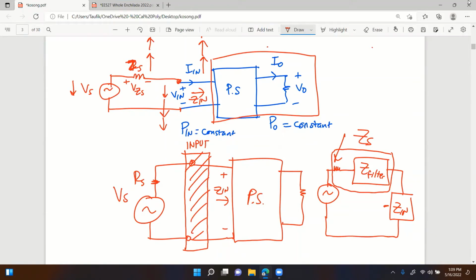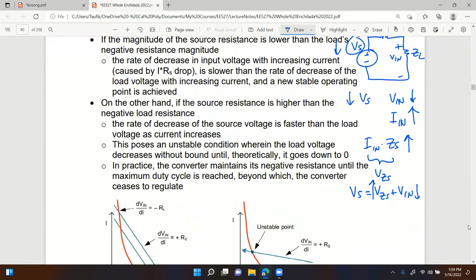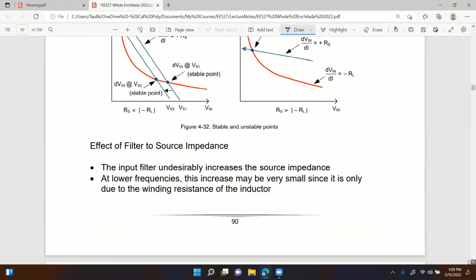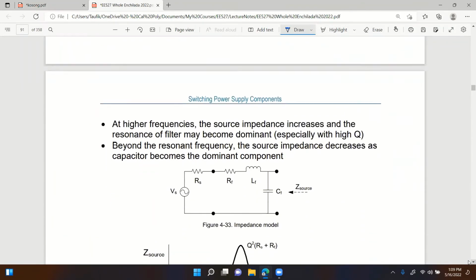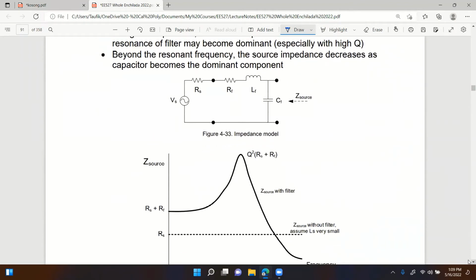Okay. Now, this is what Professor, what is his name, Middlebrook discovered, right? Right here you have the output impedance of the filter. This is the input filter. And there's the source impedance. The combination of both gives you source impedance, right?